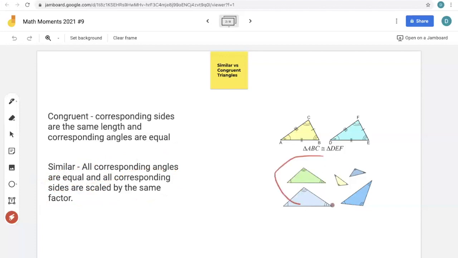We have a big group of them down here. The easiest way to look at this is through the green and the light blue here. You can see that the green is smaller than the light blue as far as the sides go. They don't quite line up in length there.